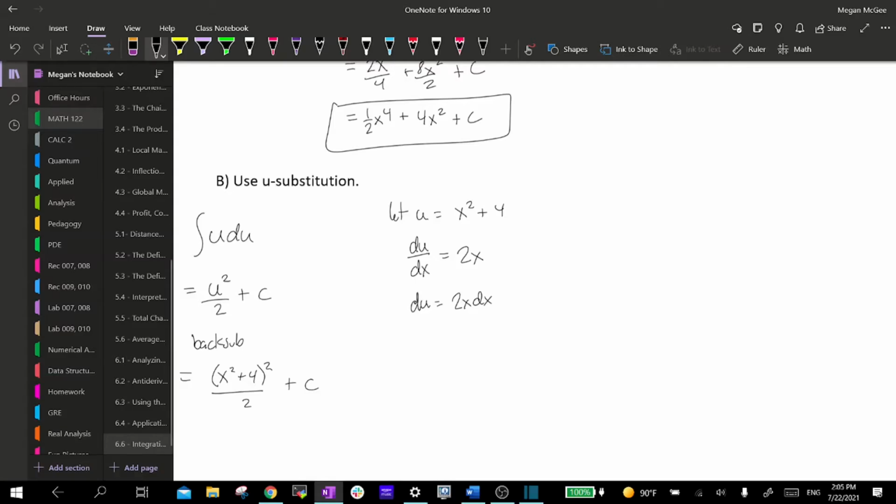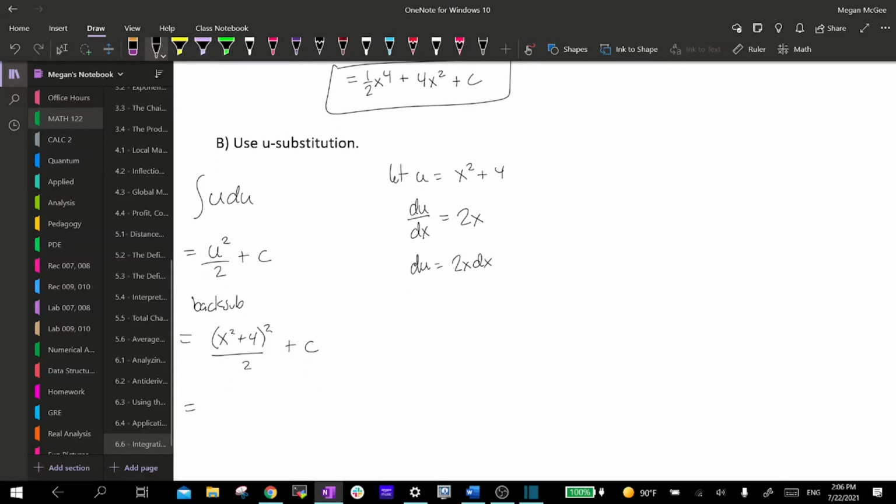Okay. Now at first you might think these don't look like the same answer. All right. Let's go ahead and continue multiplying out our current work to see what we end up with. So if we FOIL out the top, I'm just going to bring the 1/2 out front here.